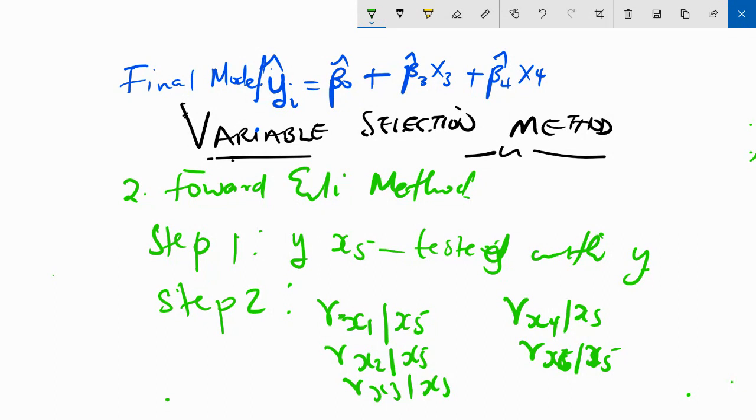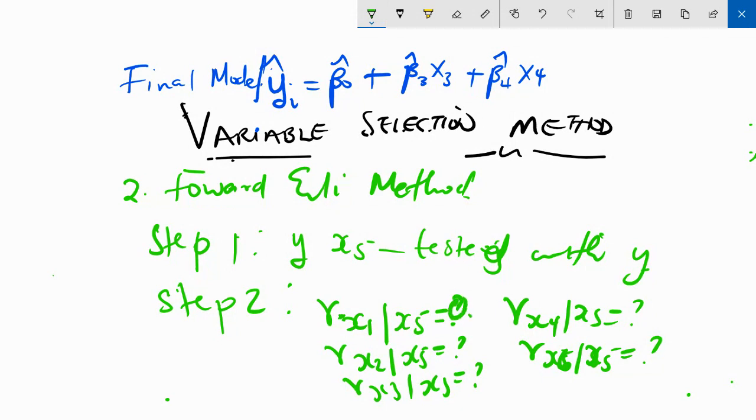Now, because we have x5 which is already in the model, for me to bring in x1, given that x5 is already in the model, you'll be guided by the values. The one with the highest value will be entered next. Let's just write the values.